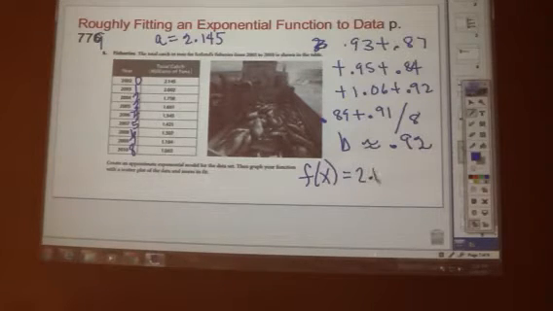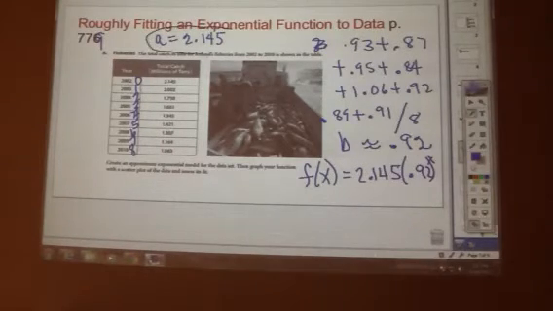A is 2.145 times 0.92 to the x power. That's Celia. Okay? So now let's do Ben. So Ben starts out the same way Celia does.